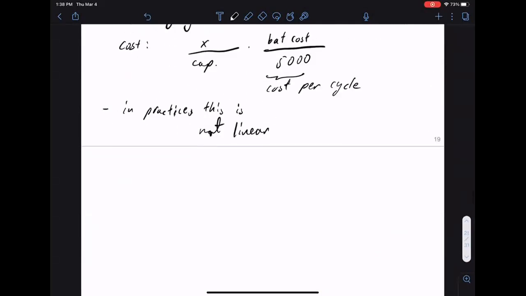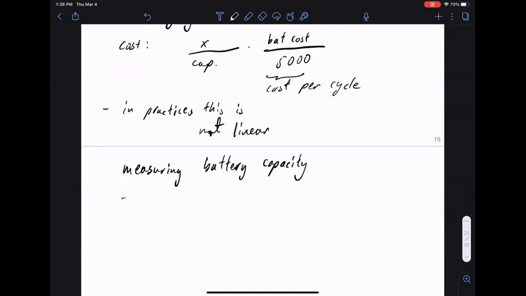Let's say you're making a battery. It's important to know how much power or energy the battery can hold. So that's capacity, and the capacity changes as you keep using the battery.